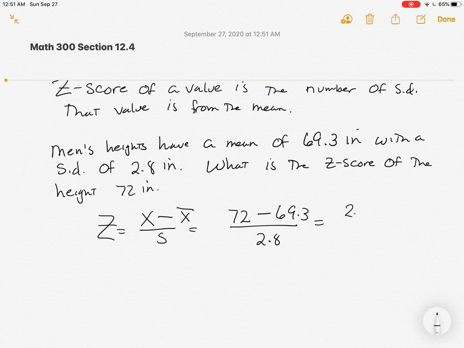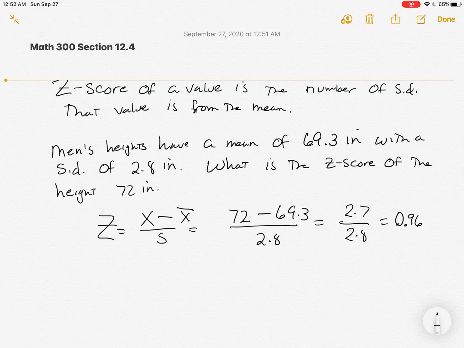You want to hit equals there. You don't have to write it down, but I will. 2.7 divided by 2.8, and we can realize that we have a 0.96 z-score. Usually z-scores, I put the 0 in there for emphasis, 0.96. I was going to say usually z-scores are rounded to the hundredths, but that's its z-score. So that tells me that 72 inches is about one standard deviation above the mean.